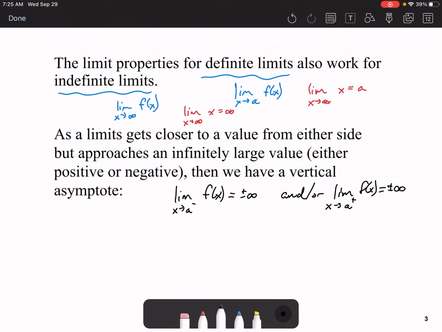So in our last example, let me change the color here. Let's say we were looking at the limit as x approaches the value of -1 from the left for our function (2x minus 3) all over (x plus 1). So you choose values that are very, very close to -1, but a little left of -1. That means the denominator is going to be negative.